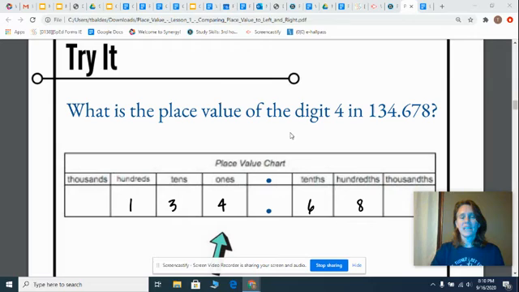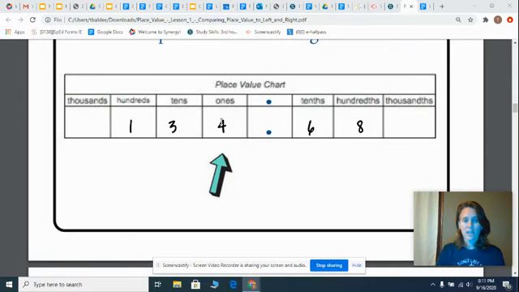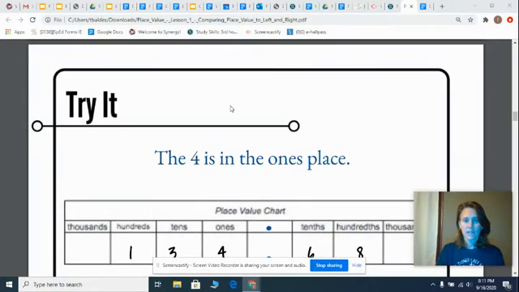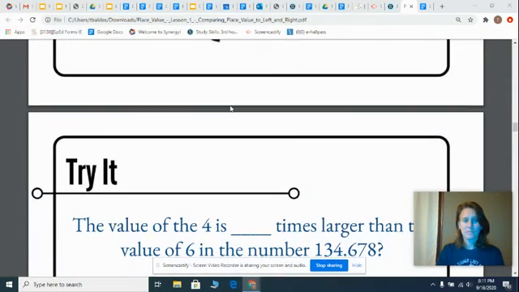What is the place value of the digit 4 in 134.678? If we line them up, the 1 in the hundreds, the 3 in the tens, and the 4 in the ones, we can see that the 4 is worth 4 ones because it is in the ones place.